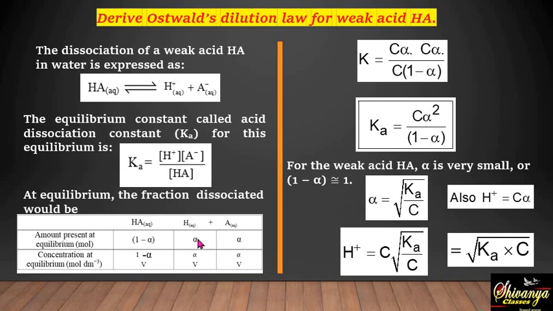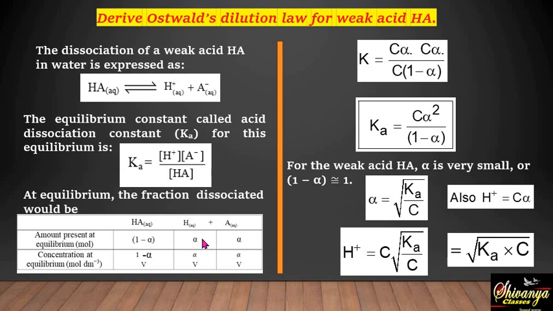So H+ is alpha, A- is alpha, and the amount of HA at equilibrium in moles is 1 minus alpha. The concentration at equilibrium in mol per dm cube is (1 minus alpha) divided by V, alpha divided by V and alpha divided by V. So place these values in the equation for Ka.